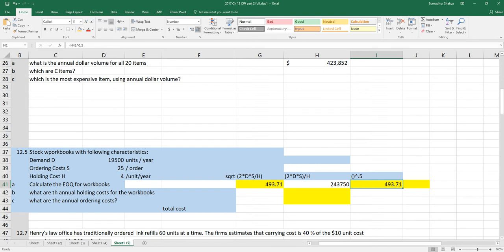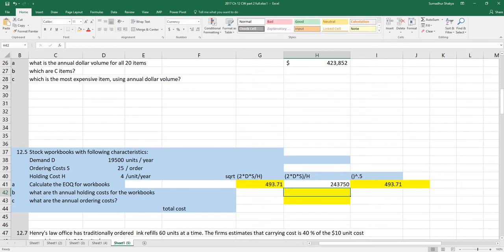So now we know the optimal quantity to be ordered is 493 workbooks at a time. How? Because at this point the cost of holding would be this divided by 2, which would become your average inventory level.